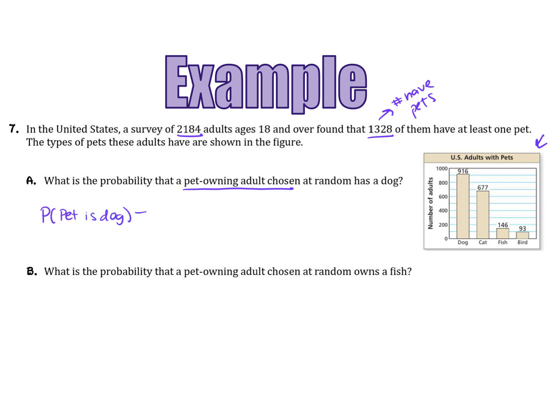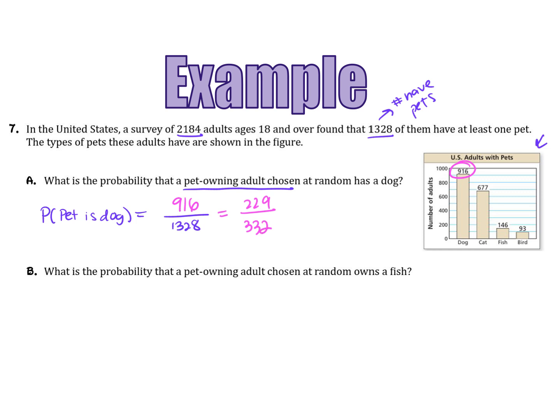Knowing that they have a pet means that our denominator should be the total number of people that have pets. So how many of those people own a dog? Looking at this table, that value in the numerator should be 916. And then as always, we're going to simplify this fraction. These are both divisible by 4. That's going to give us 229 over 332.